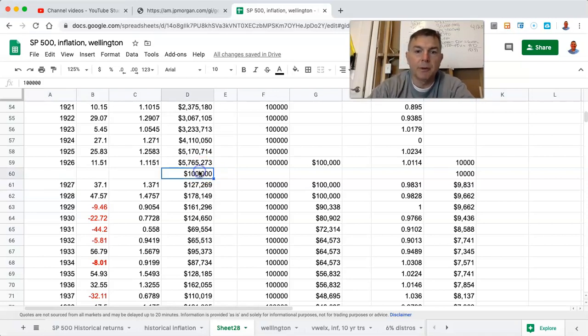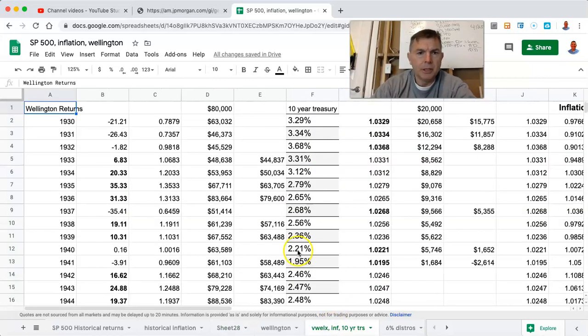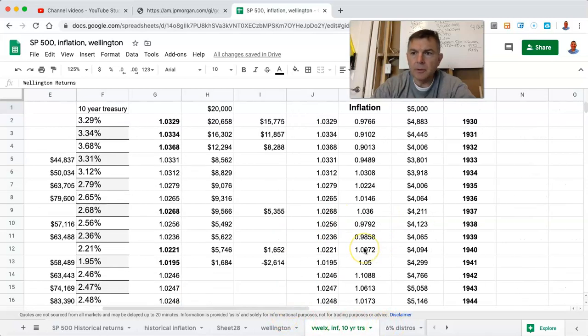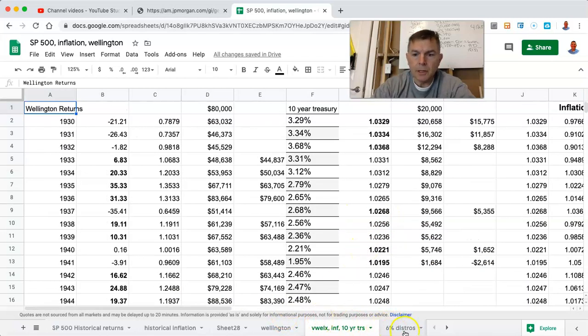All right, so we're starting with $100,000 in S&P 500, $100,000 in cash. And again, we're not giving us any interest rate, which means we're leaving money on the table, because the 10-year bonds back then were doing about 3.5%. We're just not going to give that to us. Let me check the 10-year treasury.